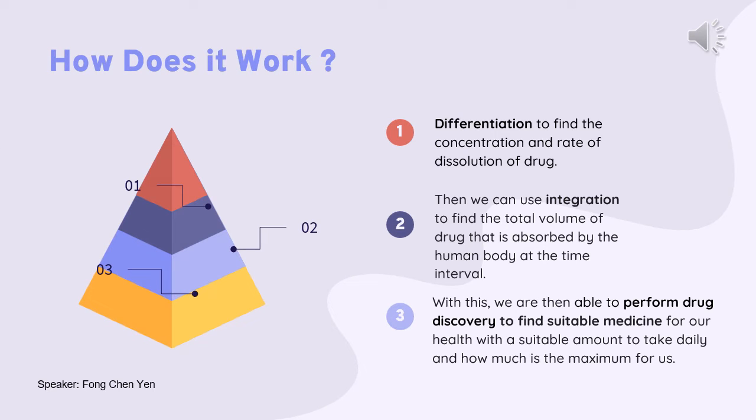Very briefly, differentiation is used to find the concentration and rate of dissolution of drugs. After that, we can use integration to find the total volume of drug absorbed by the human body at a certain time interval. Then we will have enough information to perform drug discovery to find the suitable medicine for our diseases and the suitable doses.